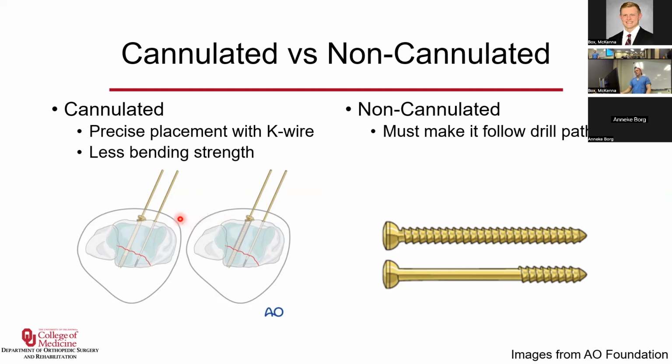But as I was saying, because they're hollowed out, they have less bending strength. With a non-cannulated screw, you don't have this guide with the K-wire, so whatever hole you drill, you have to follow that path by knowing what your path was. If you drill in one direction, you need to follow that direction, or else you're not going to have another hole in the other cortices to drill through.